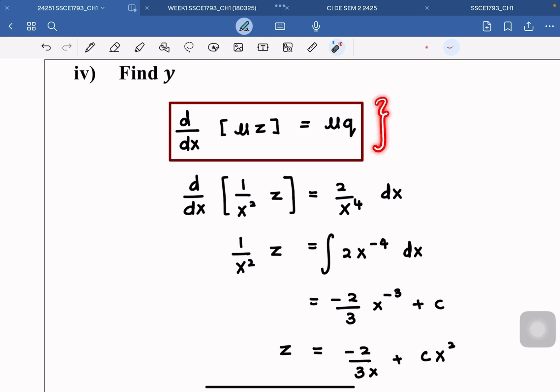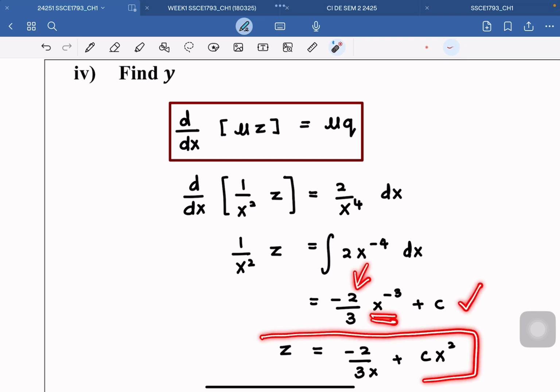This formula you have to remember: d/dx of mu z is equal to mu Q. So copy back your mu and also the mu Q here, so your mu Q becomes this one. After that, you integrate the right side and you will get 2x to the power of negative 4, which integrates to negative 2 over 3 x to the power of negative 3 plus c.